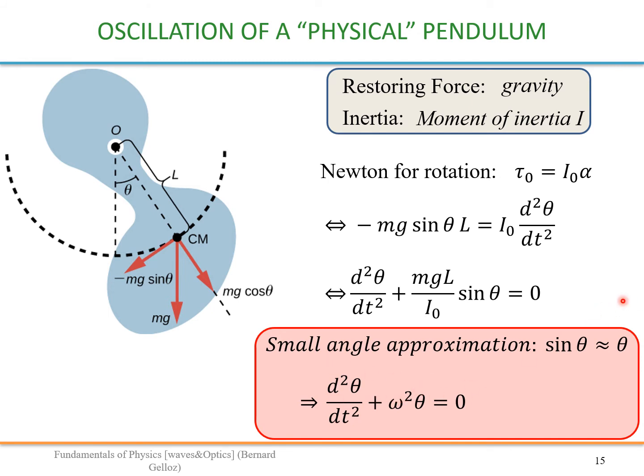And the frequency of our system is the square root of mgL divided by I0. Again, this is due to the restoring force: you have mg inside and L because of the torque, and the moment of inertia representing the inertia of the system.